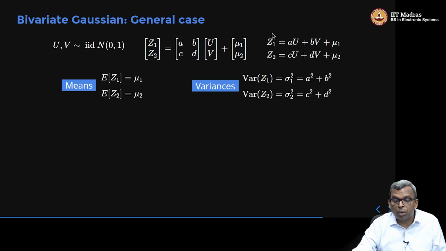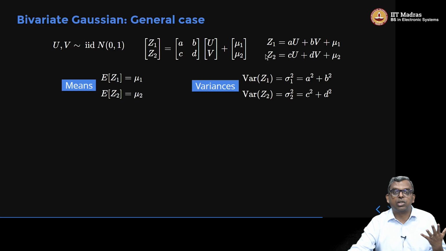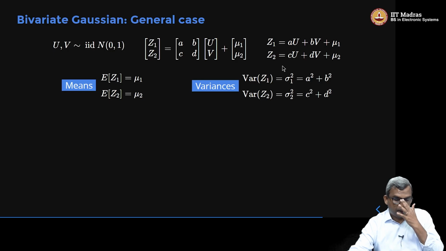Now if you notice, Z1 is a linear combination of two independent Gaussians. Z2 is a linear combination of two independent Gaussians. Anything like this becomes jointly Gaussian. So if you have independent Gaussians and you do a linear combination of them, add some constants to them, you get jointly Gaussian random variables, meaning Z1 and Z2 individually are normal, but they are also jointly normal. They will have a joint distribution which is normal.